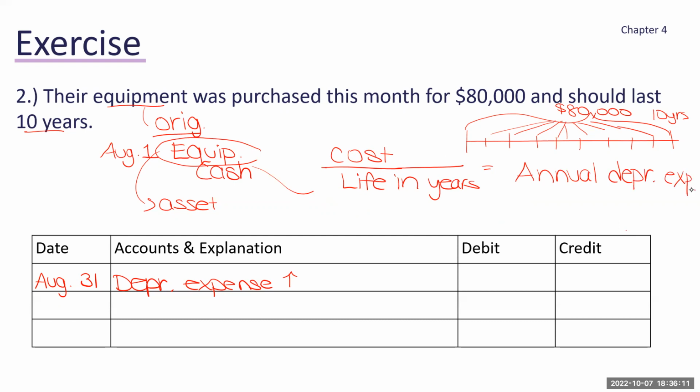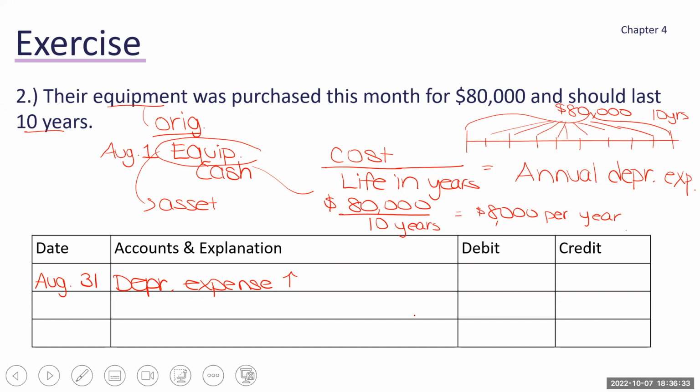Let's go ahead and start our formula. 80,000 should last us 10 years. That's $8,000 per year. So each year we use that company vehicle, we use up $8,000 of value. Now look at this. We haven't yet used it for a year.